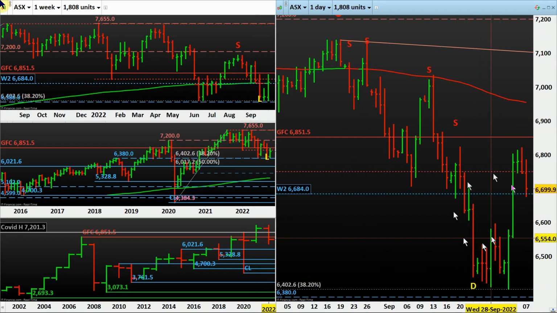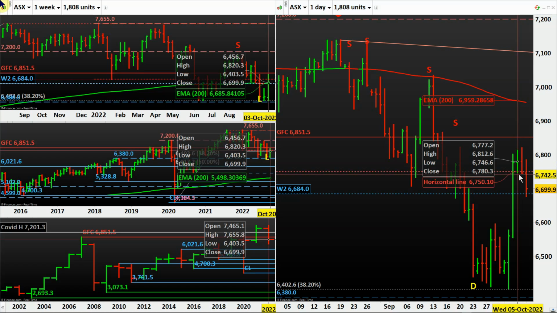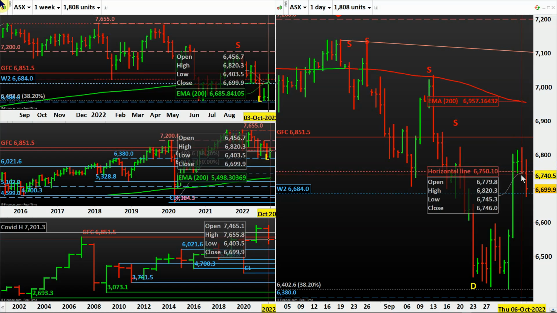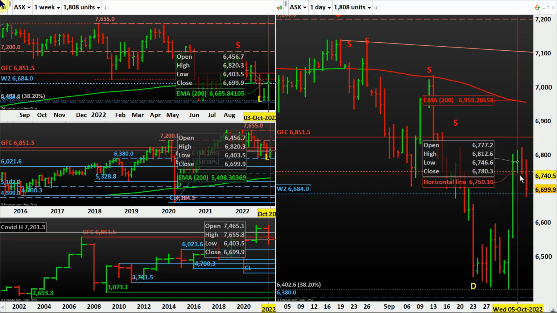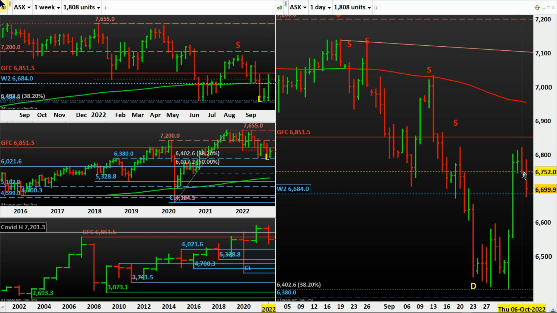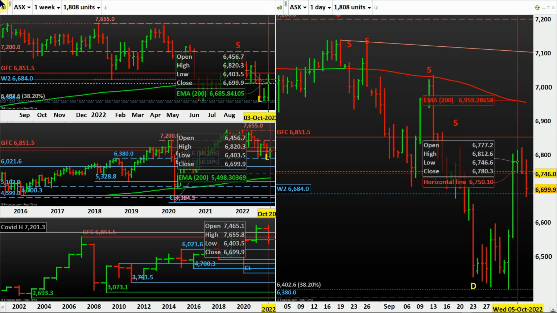So for this market, in our rule, it can break 1, it cannot break 2. So this fellow's low is 6746, and this close is 6746. So this bar, did it close below this one? No. Yes, exactly, it actually did. Ben, tell me the low.